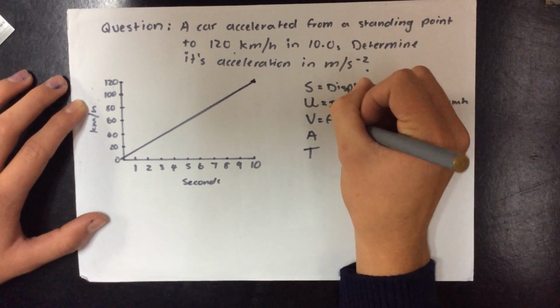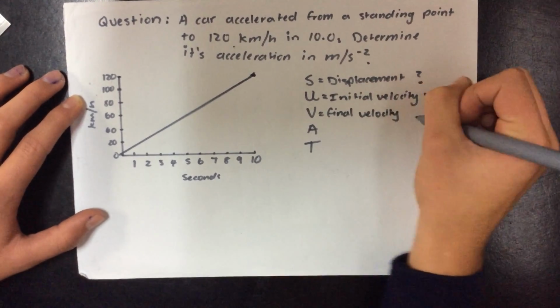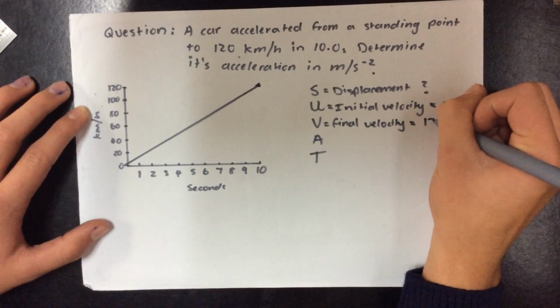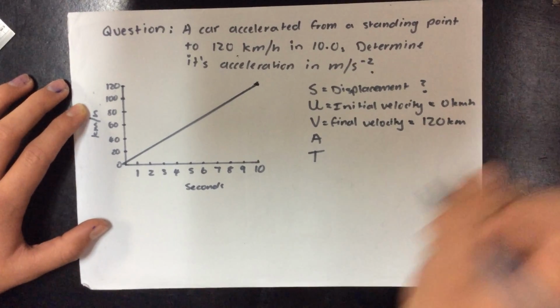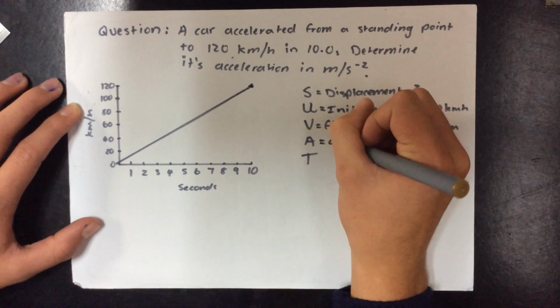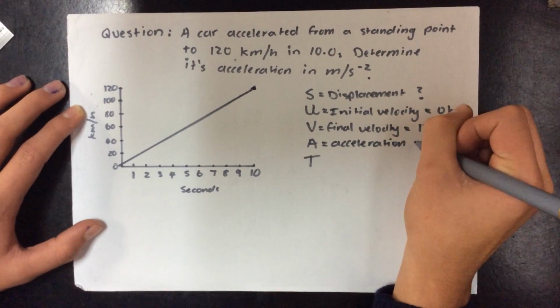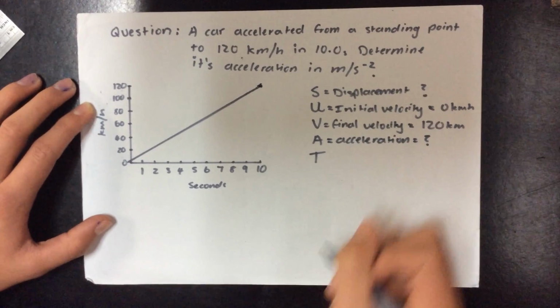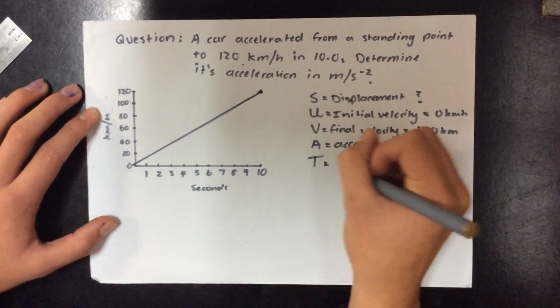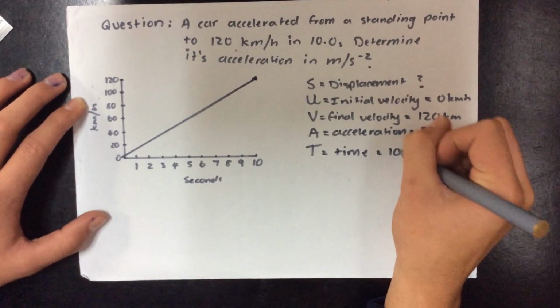V will be final velocity, and we know that is 120 kilometers per hour, as it says in the question. A is acceleration, and that's what we have to find, so that is unknown. T is the time taken, which is 10 seconds.